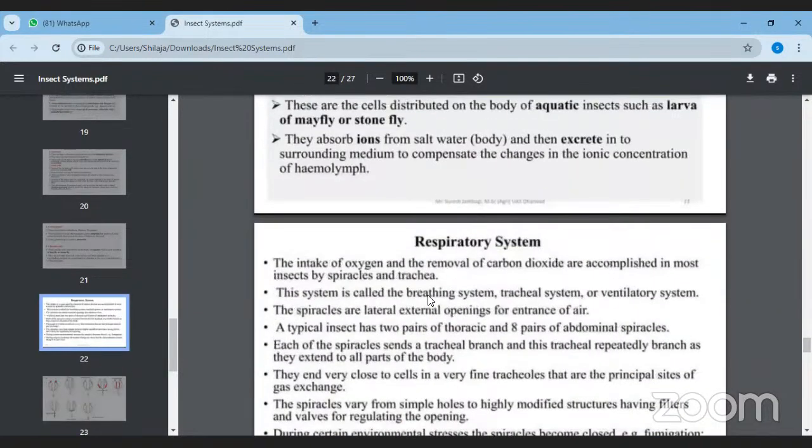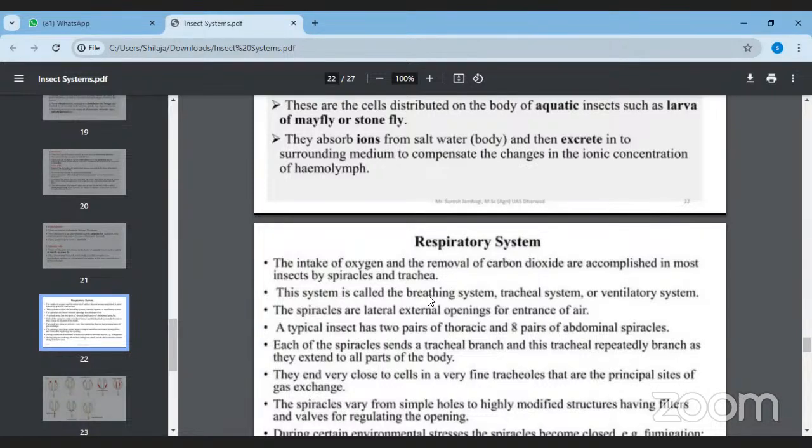In respiration, the trachea typically ends with a tracheal end cell, and the tracheoblast is the one which gives rise to several tracheoles that are part of this particular cell.